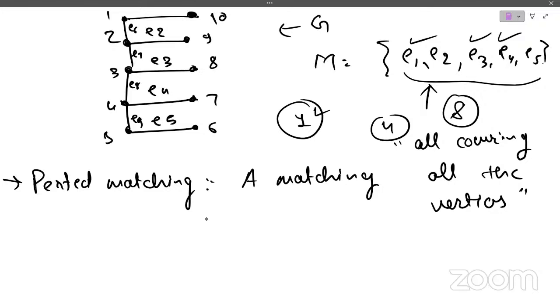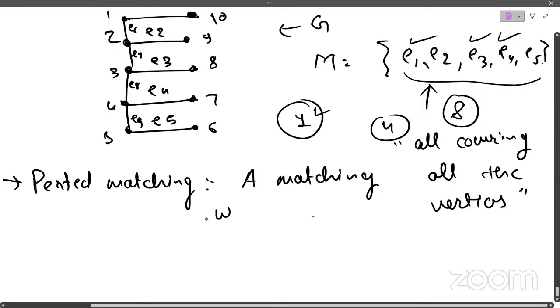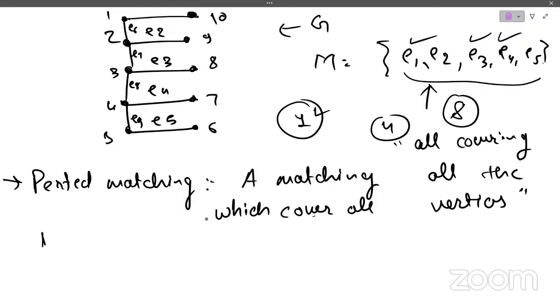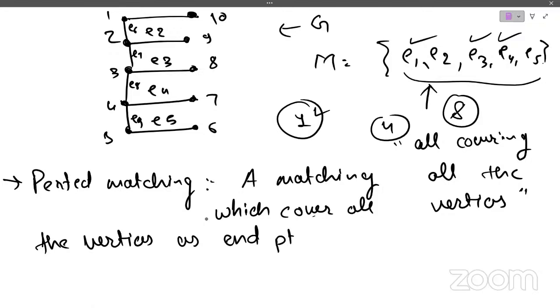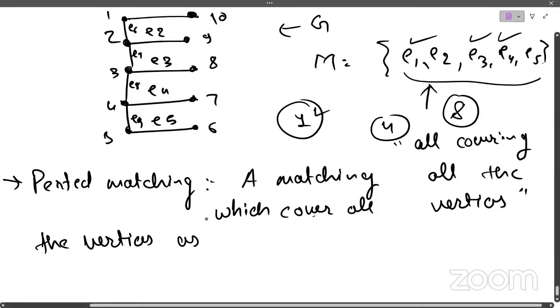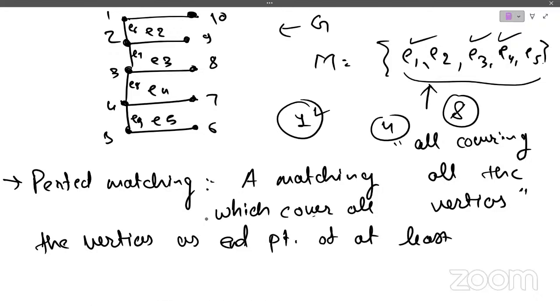So a perfect matching is basically a matching which covers all the vertices as endpoints, or what they call the nodes, as the endpoint of at least one of the edges.